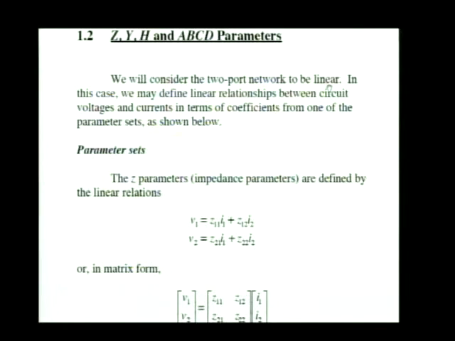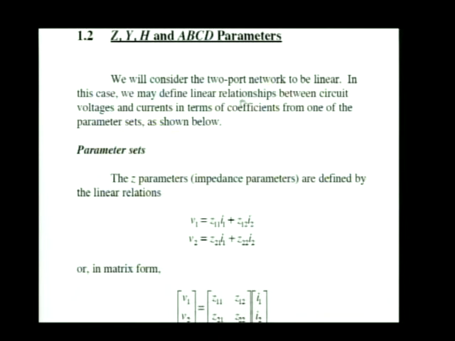If the devices contained inside of a 2-port are all linear devices, then mathematically you'll find out that the relationships between V1, V2, I1, and I2 always turn out to be mathematically linear relationships.